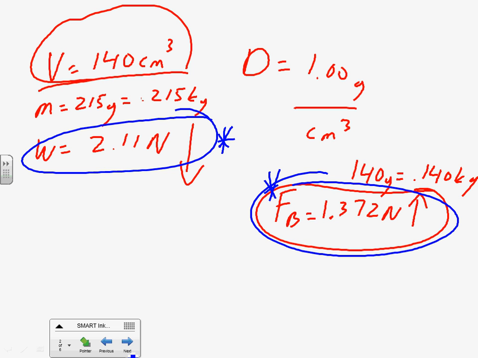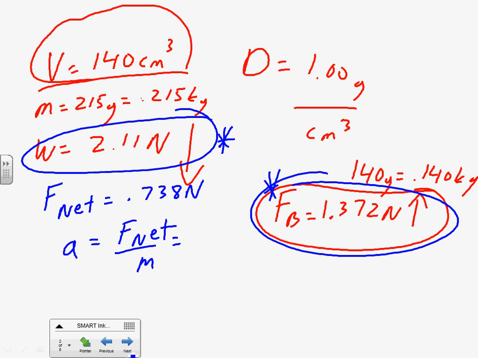So 2.11 minus 1.372, we end up with a net force of 0.738 newtons. Now, you all know that acceleration, according to Newton's second law, is equal to F net over m.